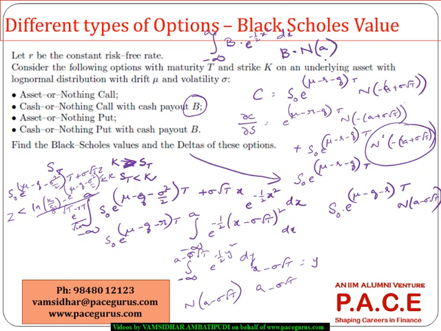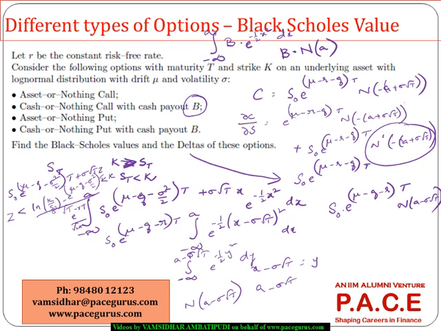In case of put, it is directly coming out as B times N of a, where a is log K by S naught minus mu minus q minus sigma squared by 2 times t, by sigma root t.